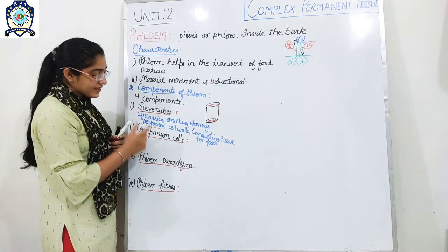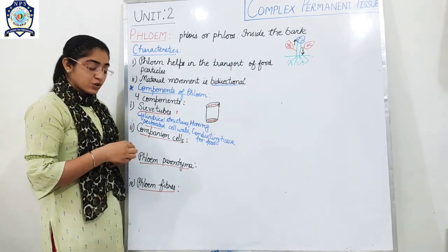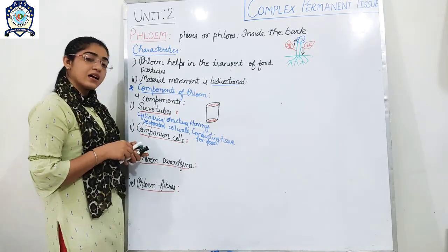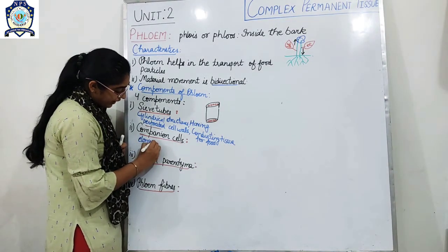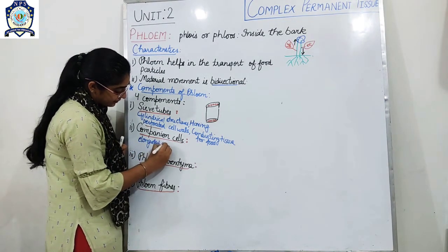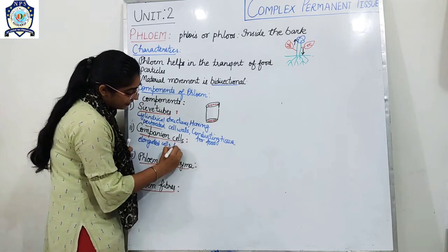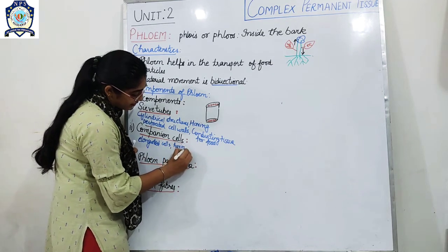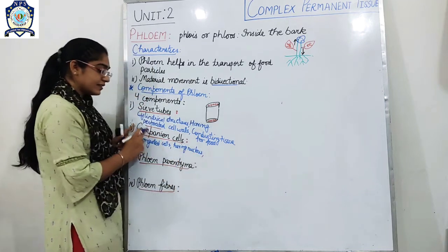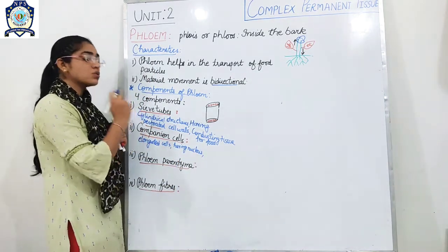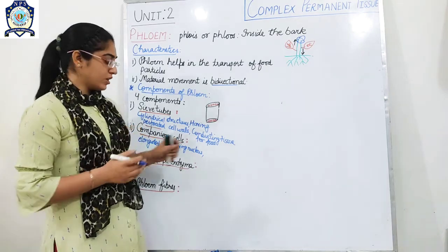Okay, next is the companion cell. Companion cells are also elongated cells having a nucleus, and these are associated with the sieve tube. What do they do?